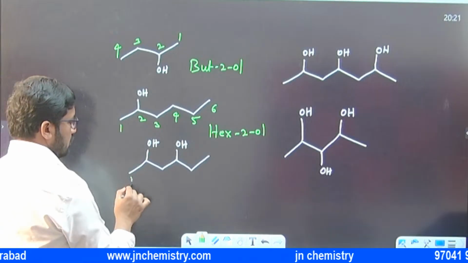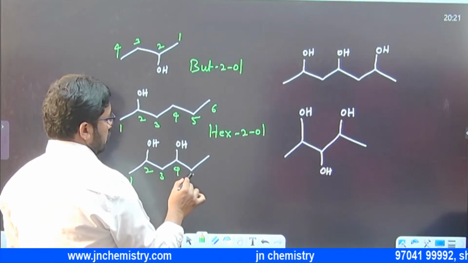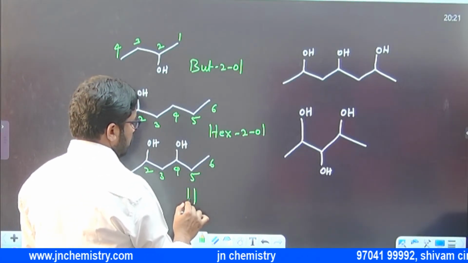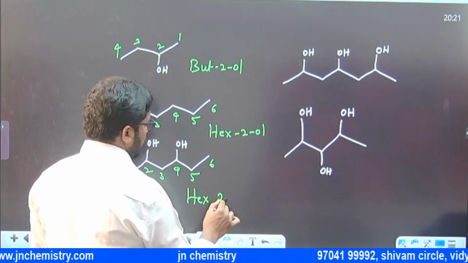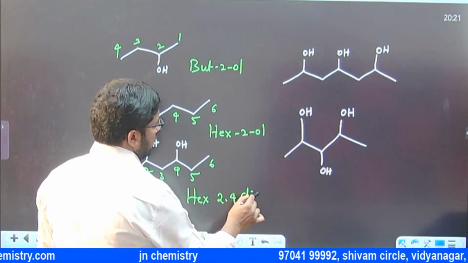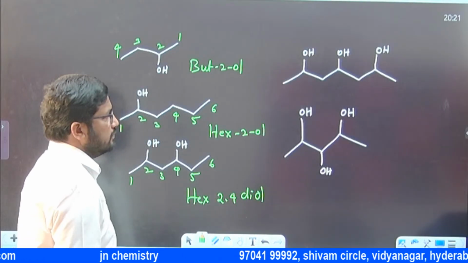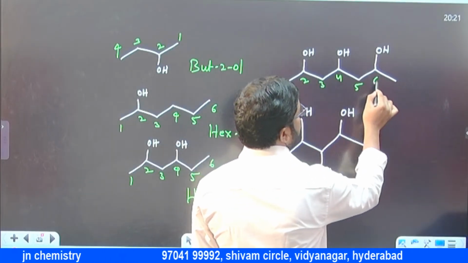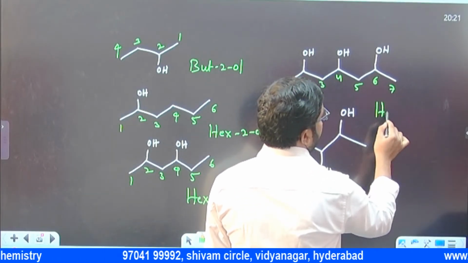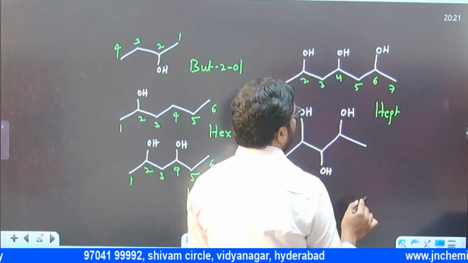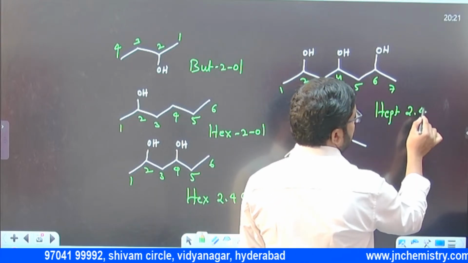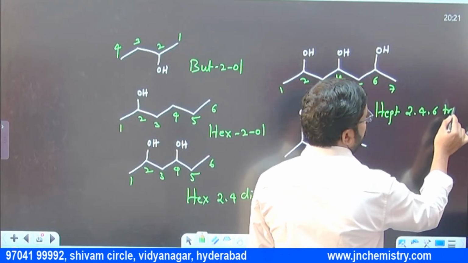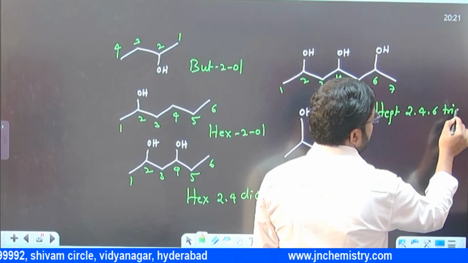This is hexane-2,4-diol. This is 1, 2, 3, 4, 5, 6, 7: heptane-2,4,6-triol.